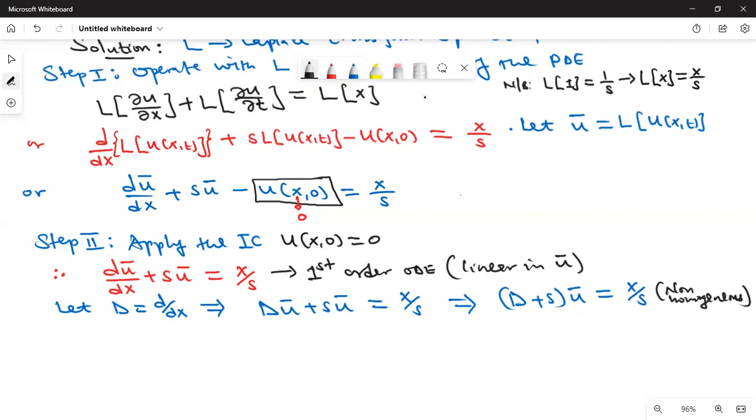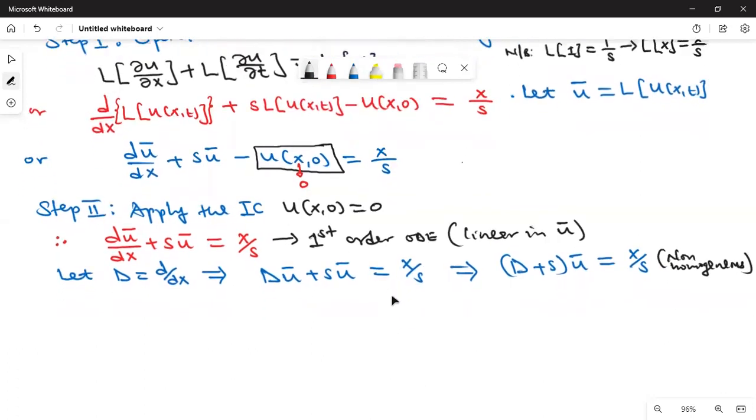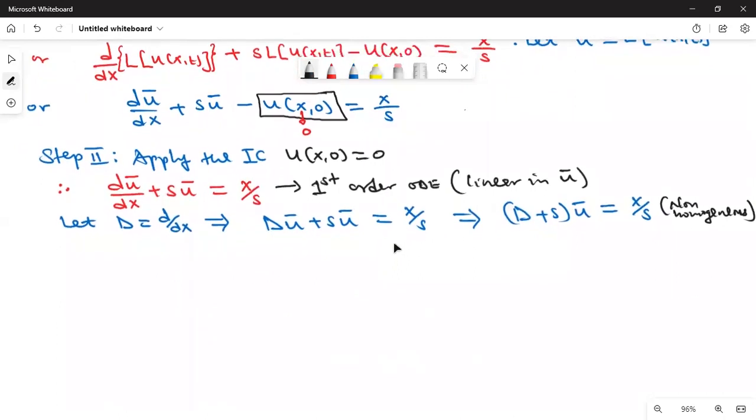A non-homogeneous ODE has two solutions: the complementary function and the particular integral. Let's start by finding the complementary function.